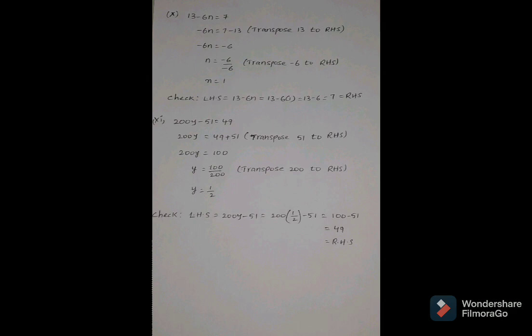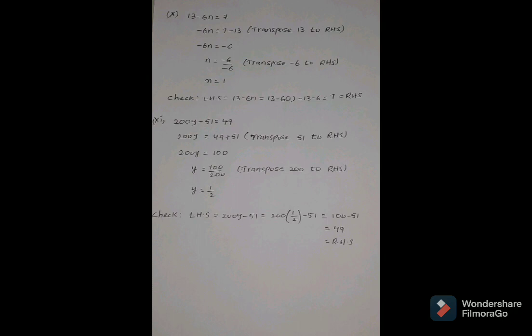Next one, 11th problem. 200y minus 51 is equal to 49. Given equation. Once again, repeat it. 200y minus 51 is equal to 49.